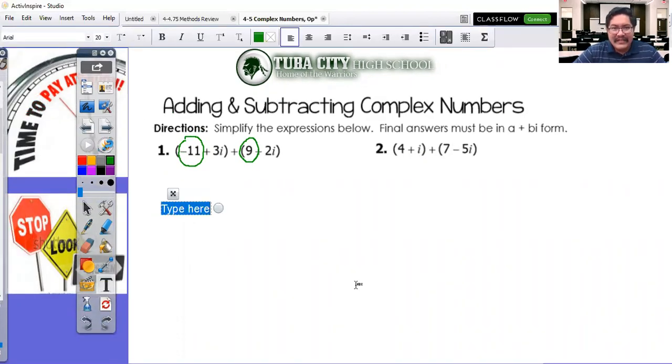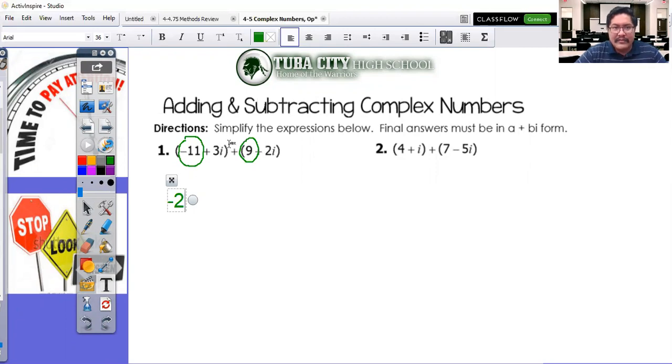So negative 11 plus 9. Well, that'd be like 9 minus 11. So the first one would be negative 2. Then the next number we have would be our imaginary portions. In this case here, I have positive 3, and is it a plus, or did I just draw right over the thing? All right, so in this case, it's a plus.